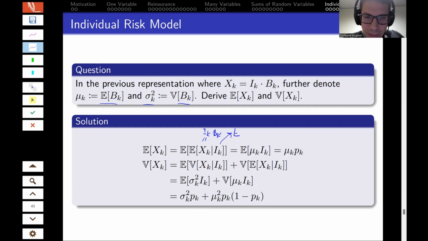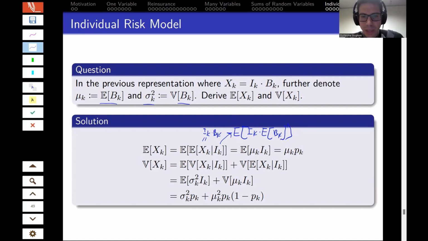You're going to get the expectation of IK times BK, but knowing IK, it means I can put IK outside of the inner expectation, and then I'm left with expectation of BK knowing IK, but BK and IK are independent. So here, this doesn't change anything. So I'm left with this.